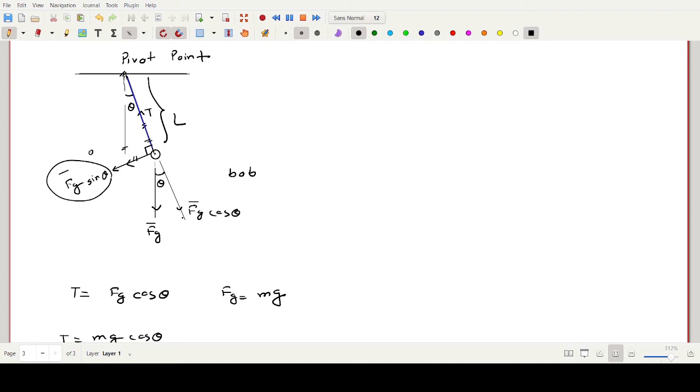Then what will it be? The bob will go along T. The bob will move along this line, and then it will hit the sand, and then it will follow the physics.